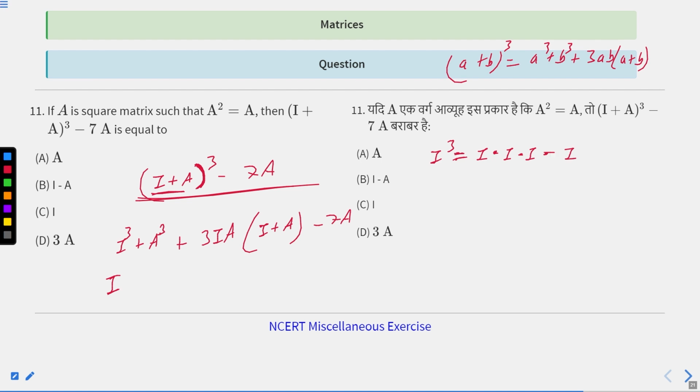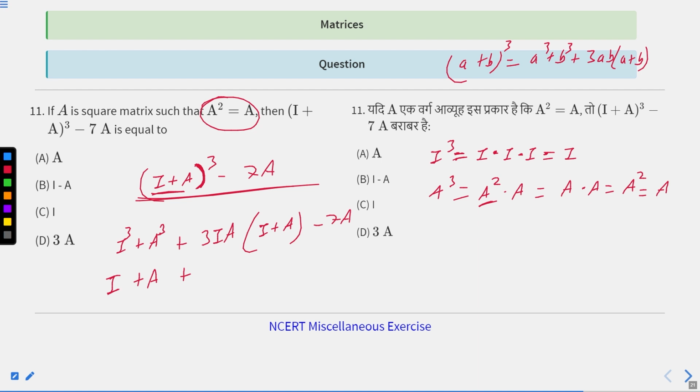So the output will be I, or in general I to the n will be I, where n is an integer. Now A cube can be rewritten as A square times A. A square is already given as A, so this is A multiplied by A, which reduces to A square again, and this A square is A, so A cube is A. So I can write this like this.